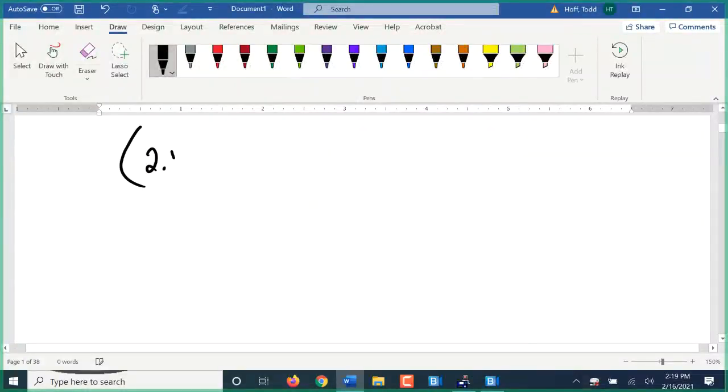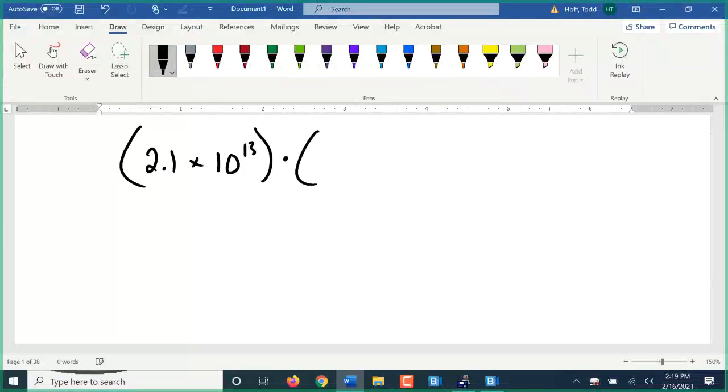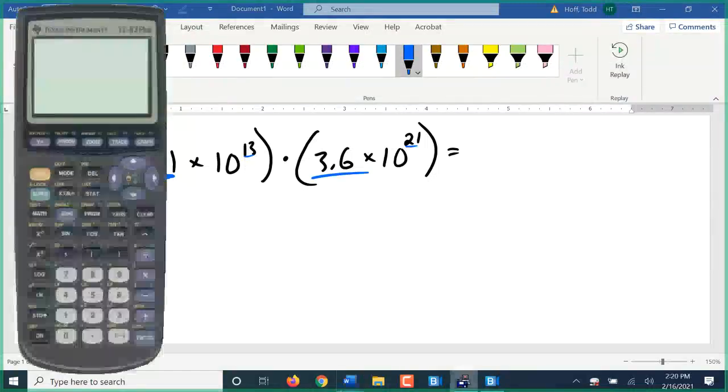So we might have 2.1 times 10 to the 13th times 3.6 times 10 to the 21st. We have different powers of 10, but it doesn't matter because we are multiplying. When we multiply, we do not need the same name. So we're going to combine counts. 2.1 times 3.6 gives us 7.56.